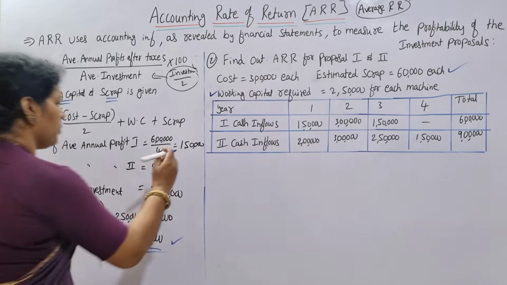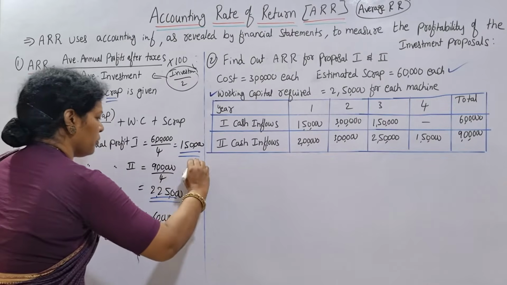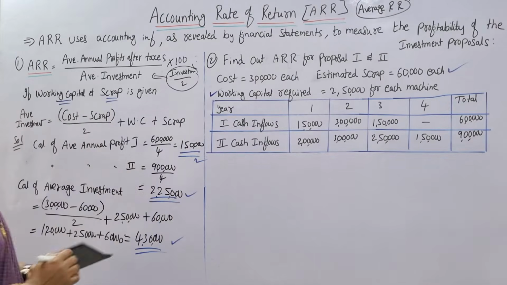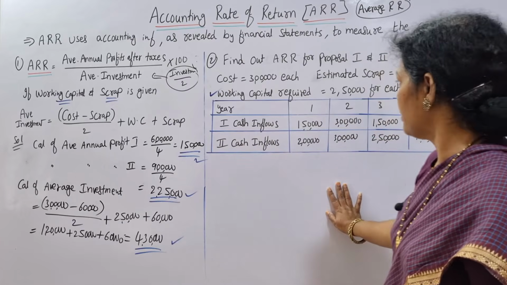So this is average annual profit for proposal 1 and for proposal 2. So these three amounts we have. Is it clear? Check out the calculations once.